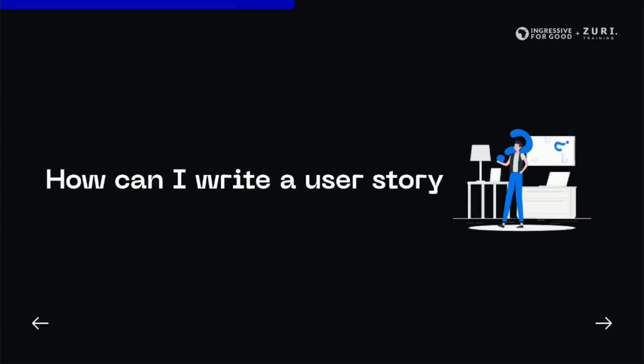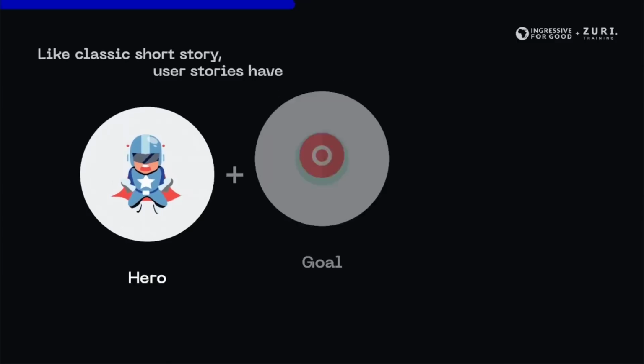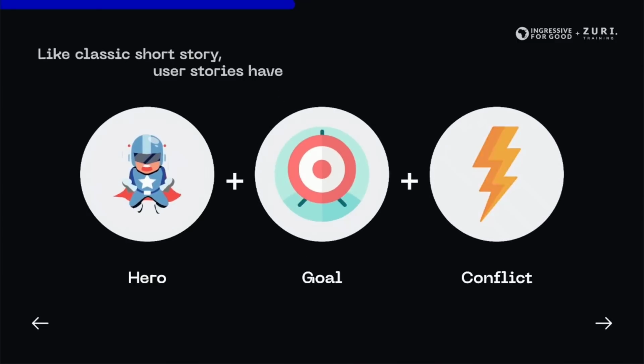So, how do you write a user story? Like a classic short story, user stories have a hero with an ultimate goal and a conflict that keeps them from conquering that goal.